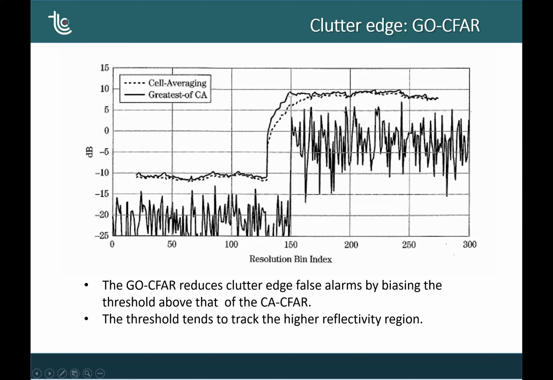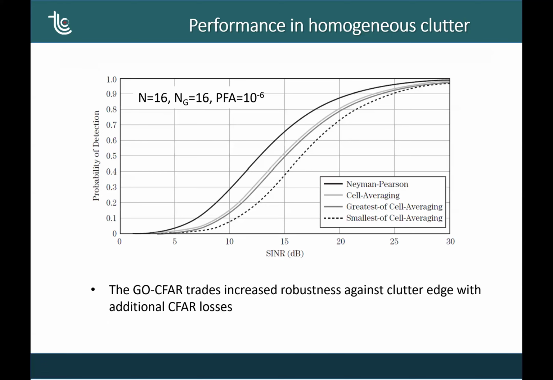And you see that here we have a higher threshold. In this way, the probability of false alarm is not increased in this area, in this transition area here. So the threshold with the greatest of tends to track the higher reflectivity region.